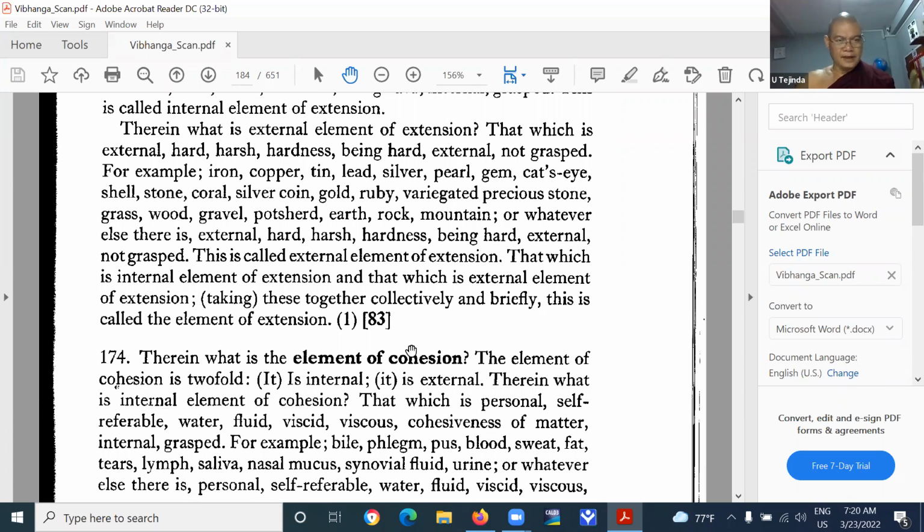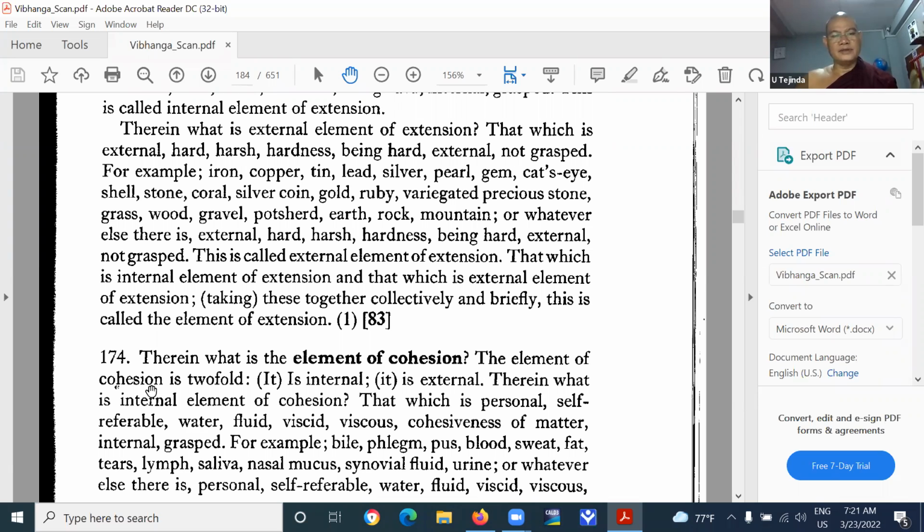174. Abho Dhatu. Among the four elements, what is the water element? The element of cohesion. The element of cohesion is twofold. Here, ayan is not translated, so maybe the translator referred to another meaning of the explanation.